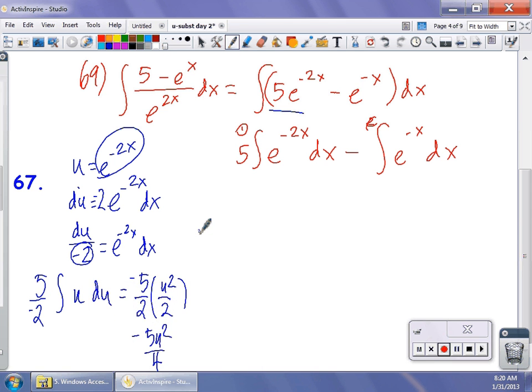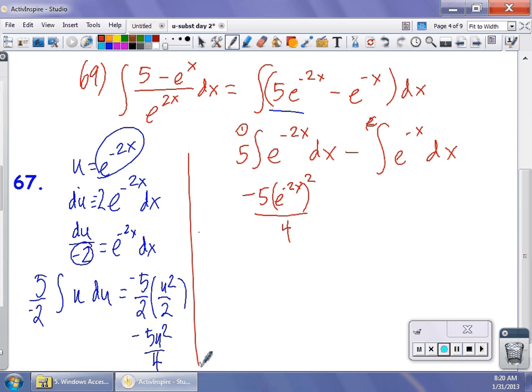So when I go back and make my replacement for the first integral, I get negative 5. Remember that u is equal to e to the negative 2x, so I get e to the negative 2x squared over 4.